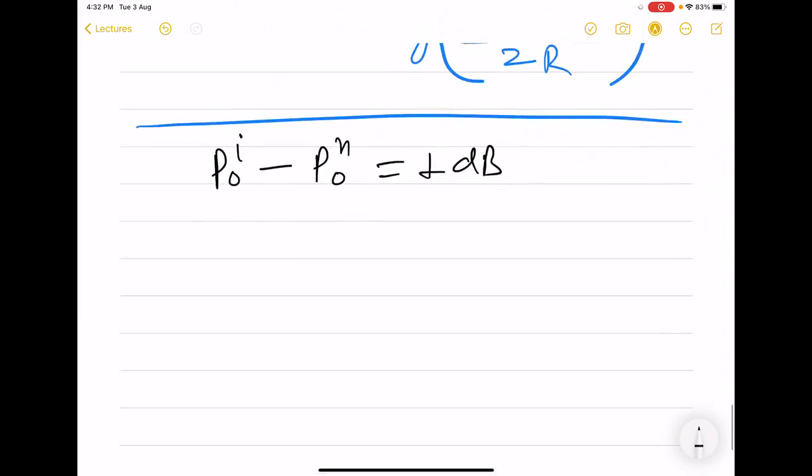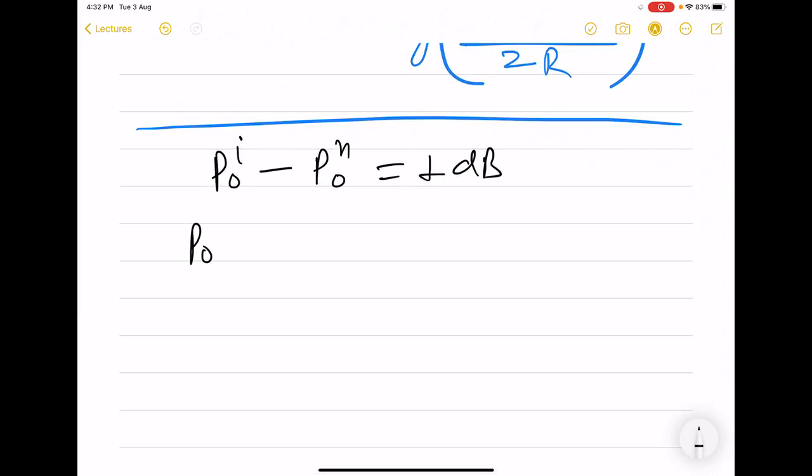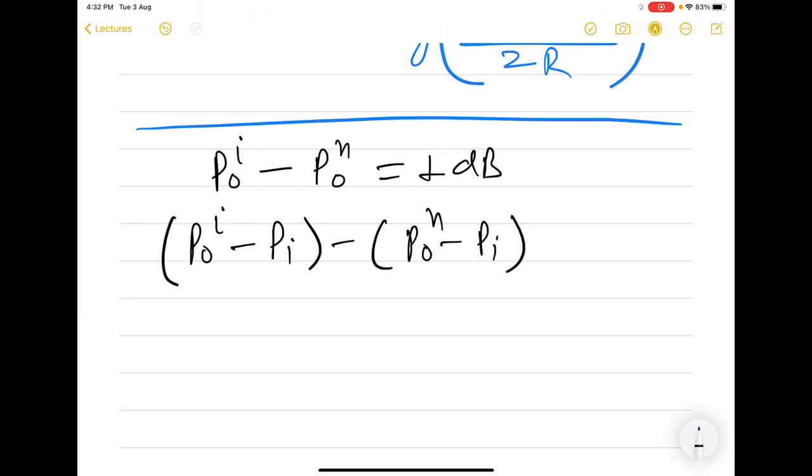So what we can do now is subtract the input for the ideal case and subtract the input for the non-ideal case, and we still have the same equation. Keep in mind that all these powers are in dBm.